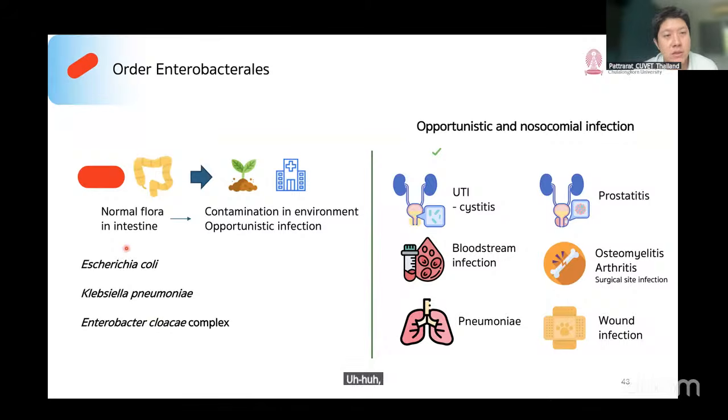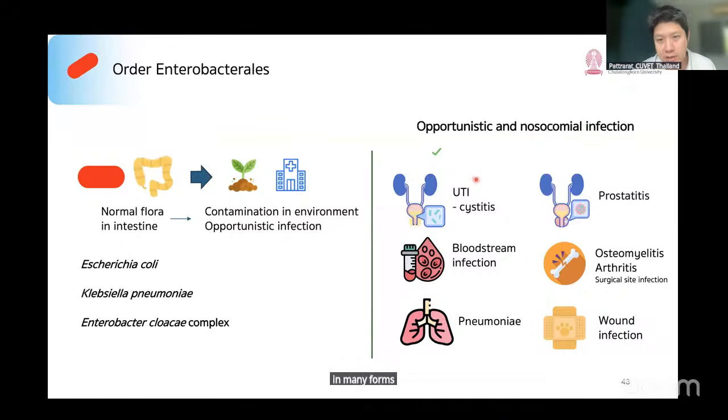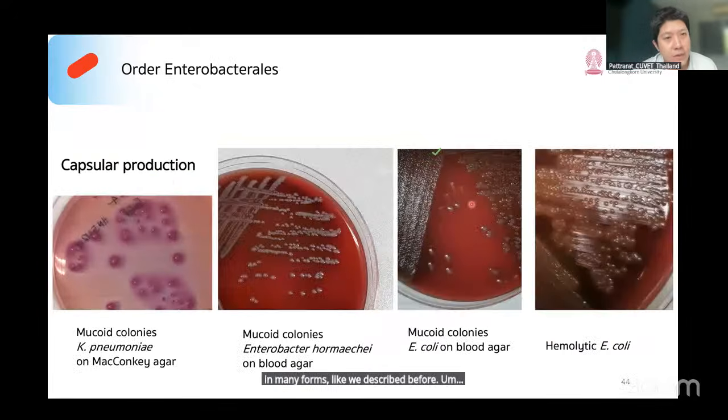They colonize the intestinal tract and can be excreted to contaminate environments and cause opportunistic infections in many forms, like we described before. They have similar virulence factors, especially those that help immune evasion and cause inflammation.